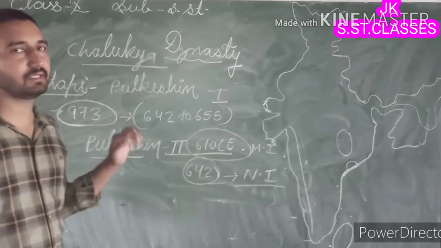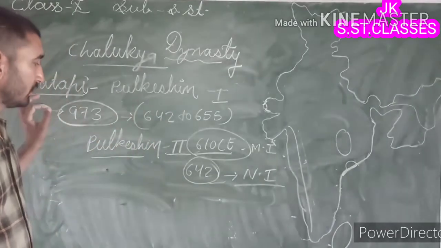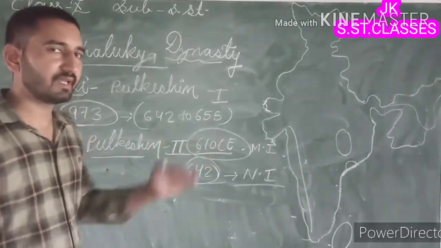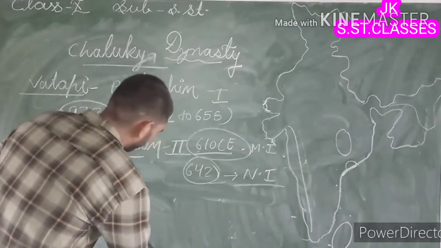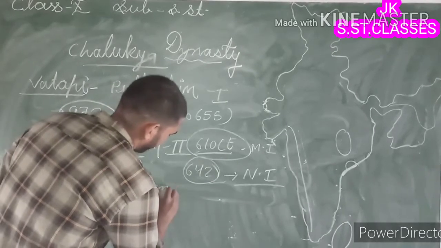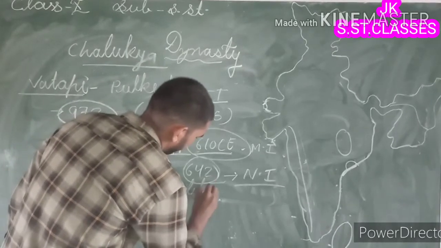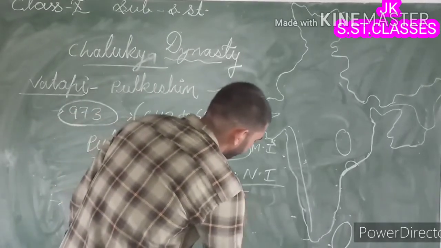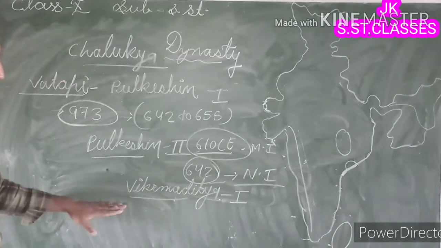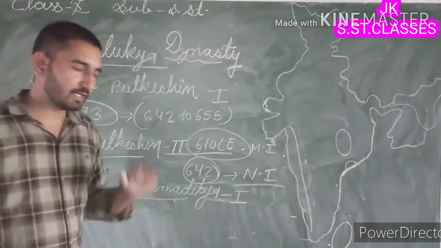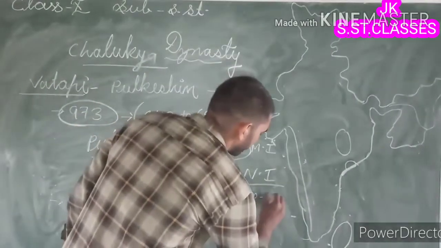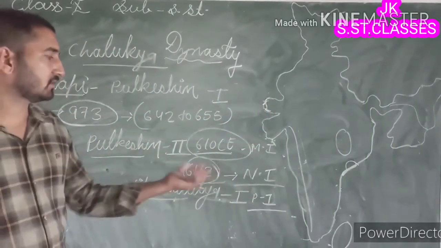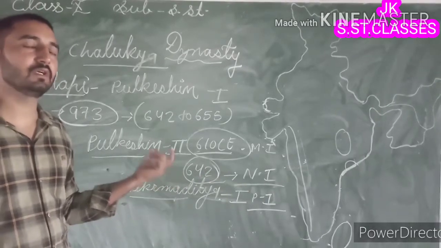After that, the glory of this dynasty was re-established by the next Chalukya ruler, Vikramaditya I. This Vikramaditya I defeated the Pallava ruler Parameshwarvarman I, and in this way took revenge for the earlier defeat, the defeat of Pulkesin II.